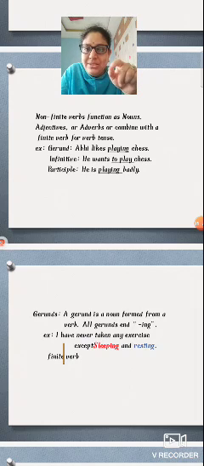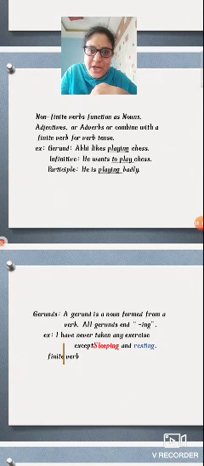So we can't tell in which tense it is. He is playing now, or he plays tomorrow, or he will play, or he played yesterday. There is no tense in that sentence, so these types of verbs are called non-finite verbs.